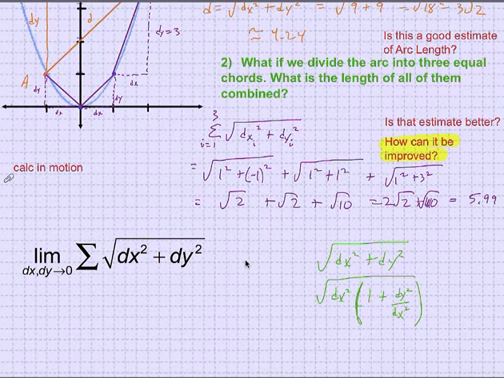So I can rewrite this as the square root of 1 plus dy squared over dx squared, which I'm also going to rewrite as (dy/dx) squared, times dx, no longer in the square root. And now you can see how this fits the setup of the definite integral, where we wanted to see the sum function times some x distance.